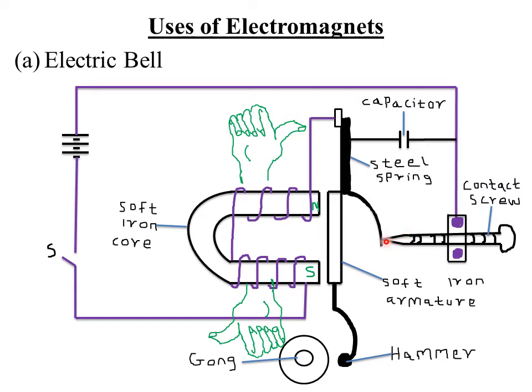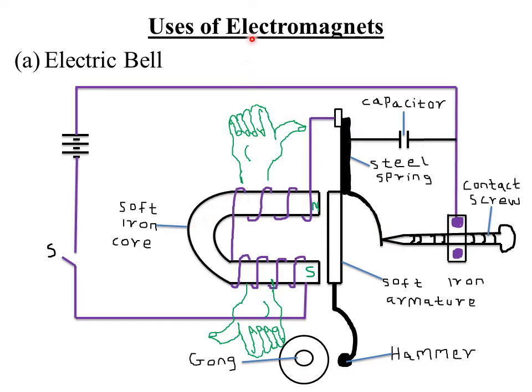Therefore, when the circuit is not complete, remember, current flowing through these cables winding the soft iron core is what magnetizes the core. But whenever you disconnect the current, the soft iron core loses its magnetism.